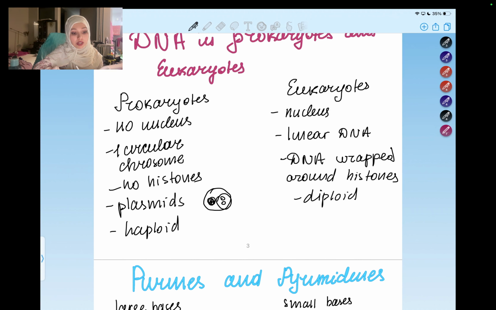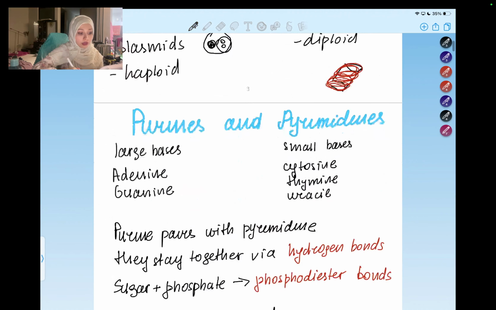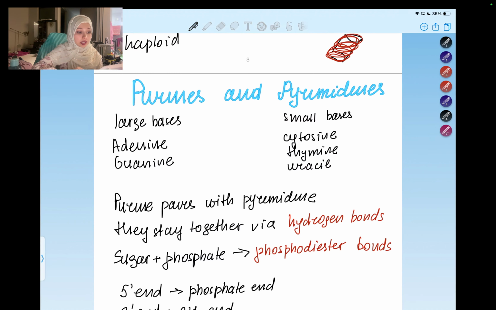But in eukaryotes, the DNA is so long, it can be many meters, and we cannot simply fit it. So we have a thing called histones, like this perhaps, and the DNA wraps around it, if you can imagine.